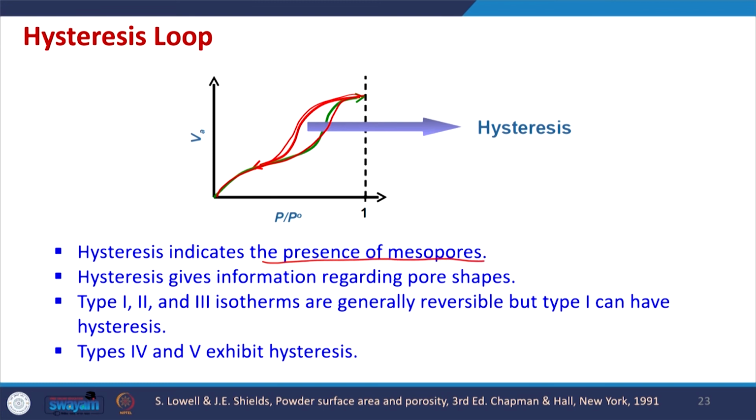Hysteresis also gives information regarding pore shapes, which will be shown in the next slide. Type 1, 2, 3 isotherms are generally reversible, but type 1 can have more hysteresis, and types 4 and 5 always exhibit hysteresis.